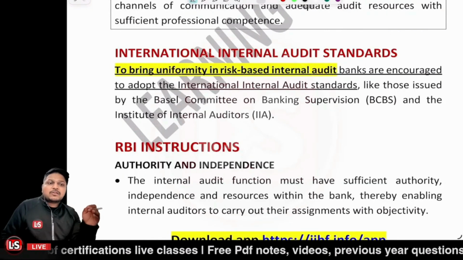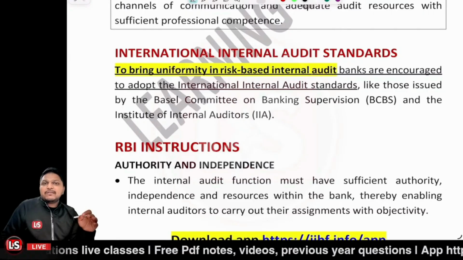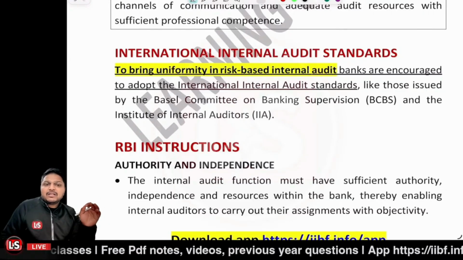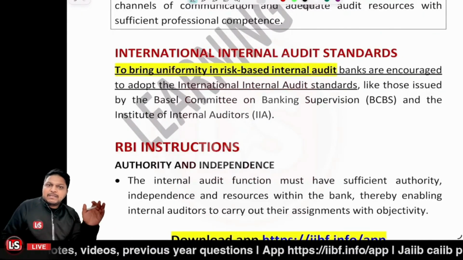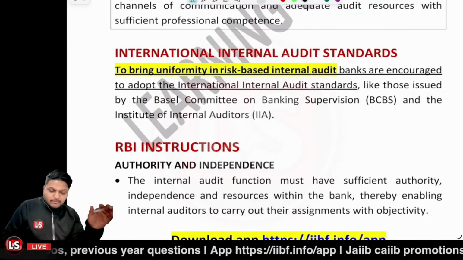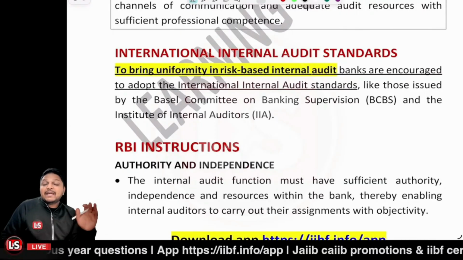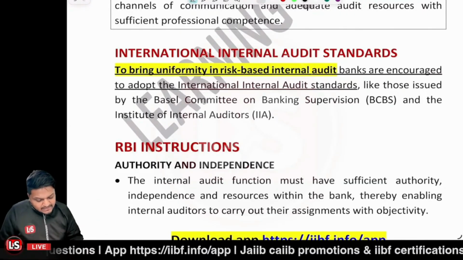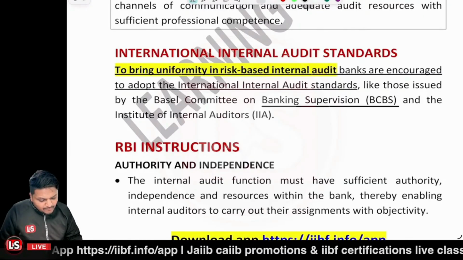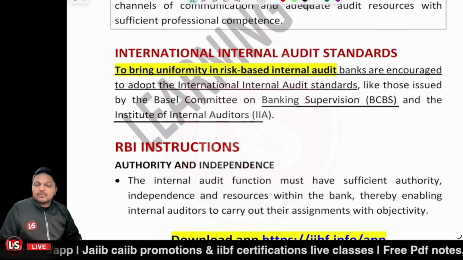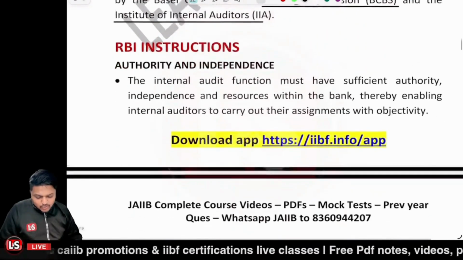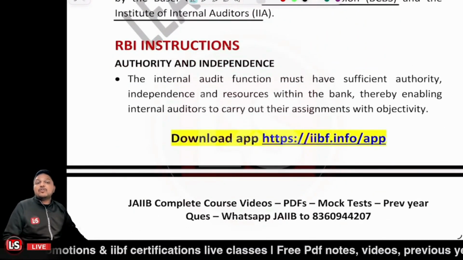In risk-based internal audit, it is very much required that we follow the international internal audit standards, and those are given by the BCBS, that is Basel Committee on Banking Supervision, and the IIA, that is Institute of Internal Auditors. And also there are some instructions given by the Reserve Bank of India.